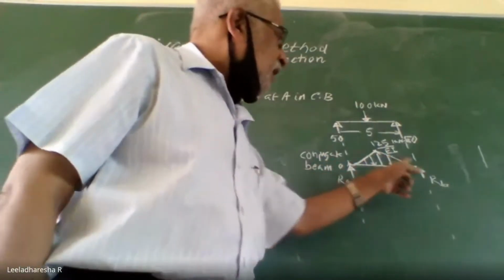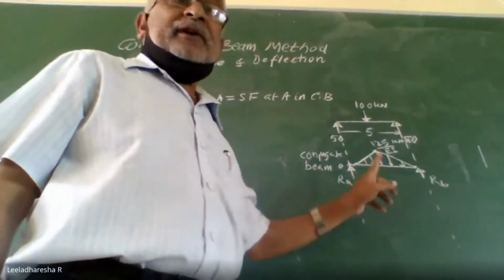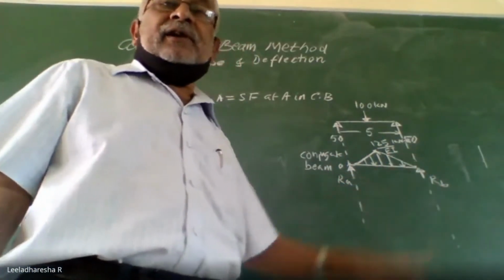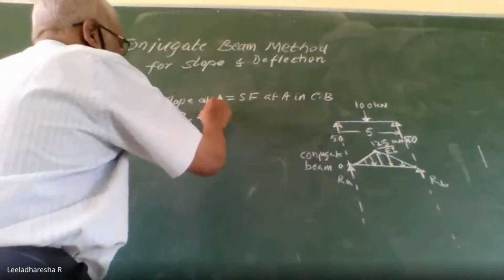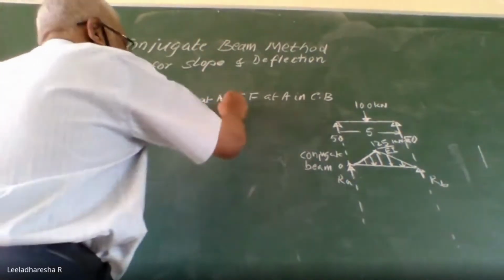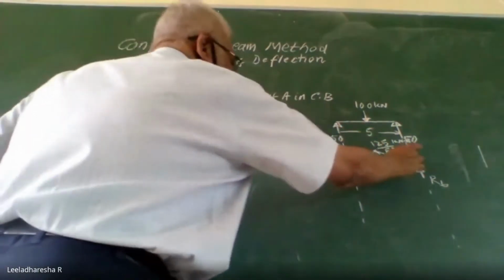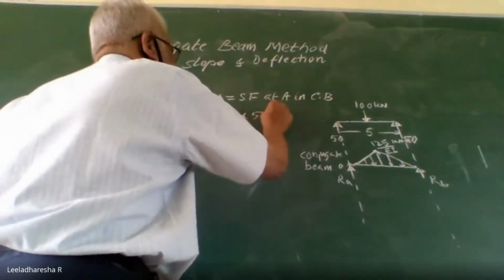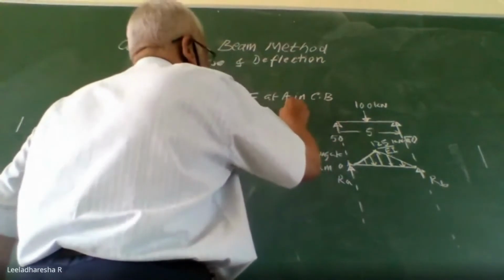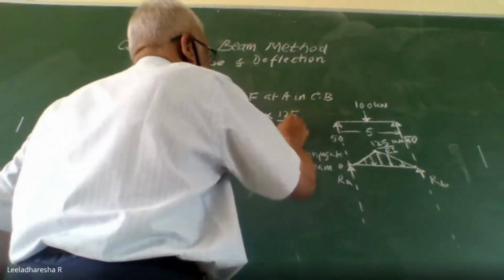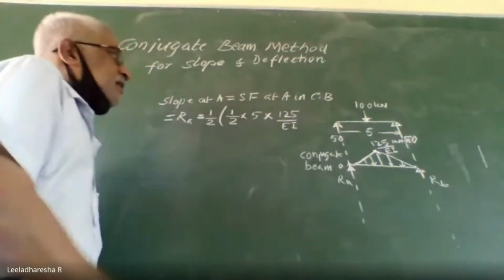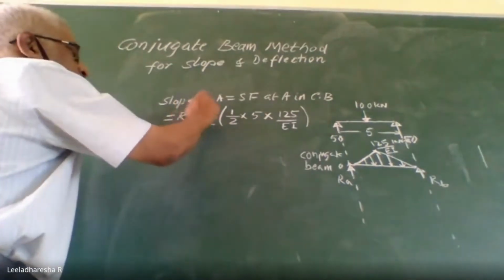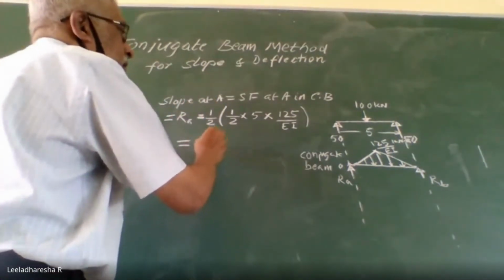Half into base into height, divided by 2, because this load is shared by two supports, one at A and another at B. So half of this triangular area: half into base, that is 5 meter, into height, 125 by EI. See, now I get the slope at A.